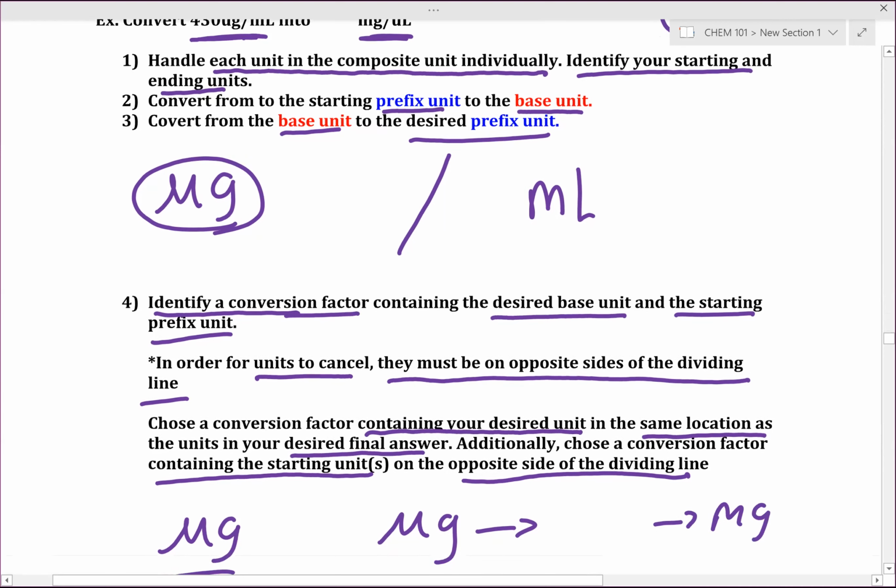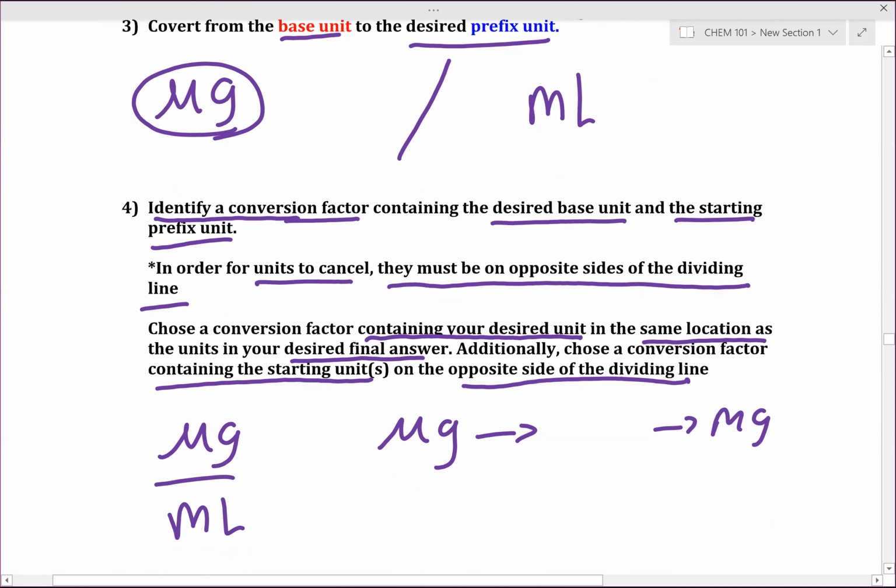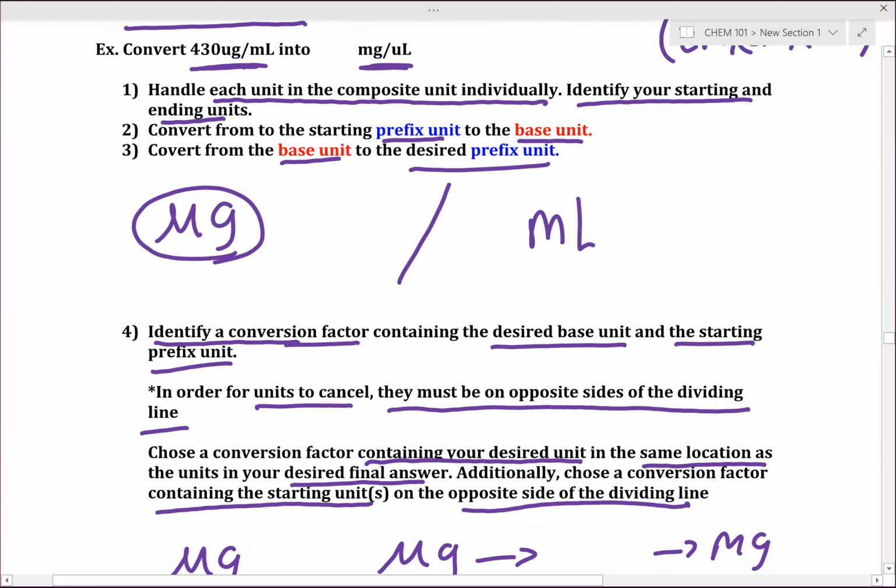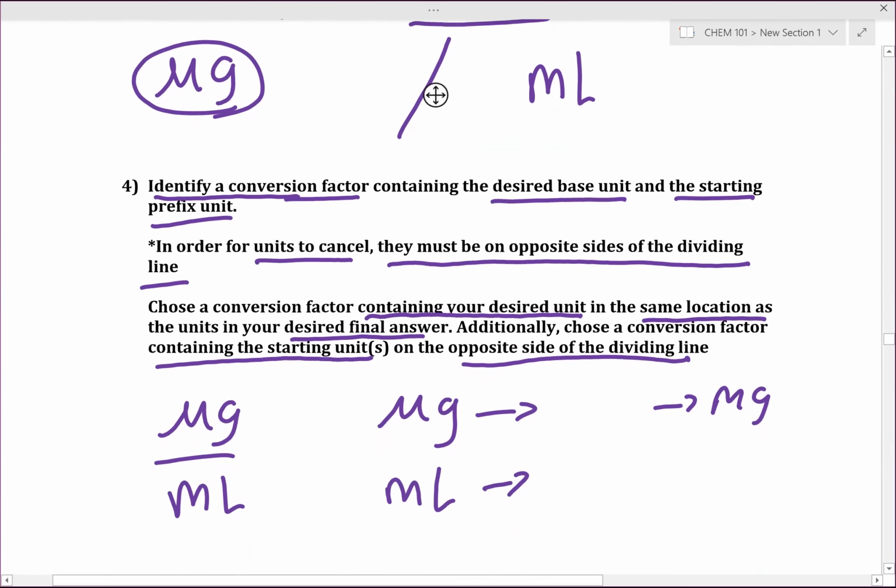Additionally, we have on the bottom milliliters, and our end goal is what unit of volume? Microliters, exactly. We're just reading off our objective. Okay, perfect. So what is the base unit for microgram and milligram? Grams, yep. What's our base unit for milliliters and microliters? Liters, okay.